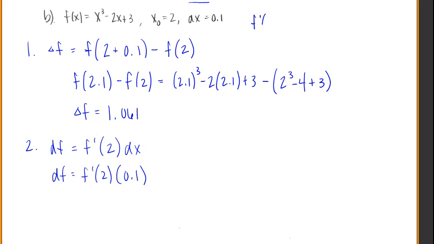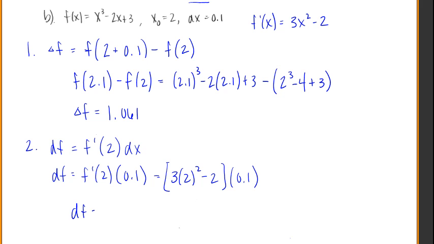So let's come up here, and the derivative of our function would be 3x squared minus 2. Okay, so finding this out, then we will get 3 times 2 squared minus 2, all of that times 0.1. Okay, so when we evaluate that, 3 times 4 is 12. 12 minus 2 is 10, and 10 times 1/10 is 1.